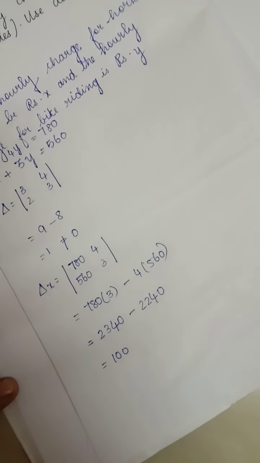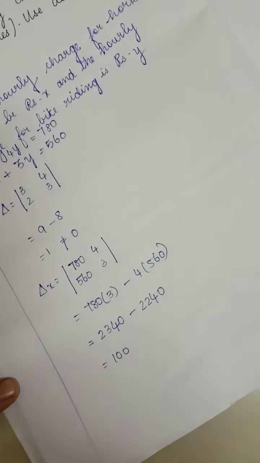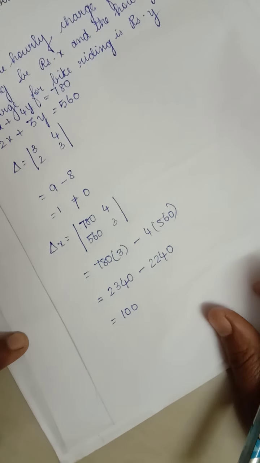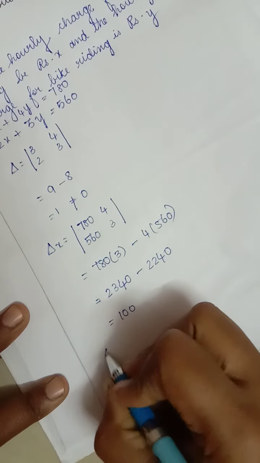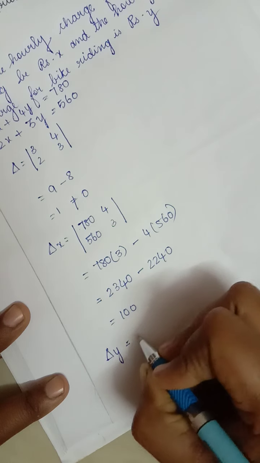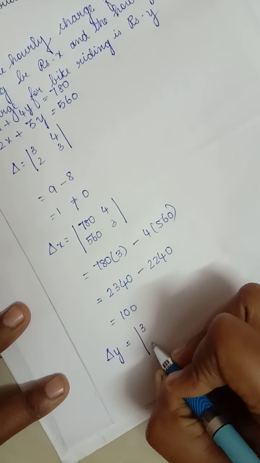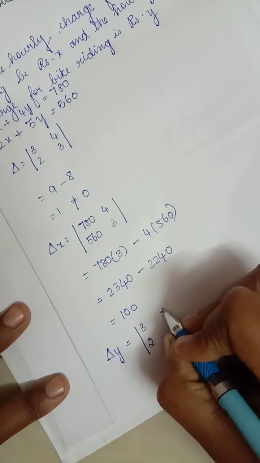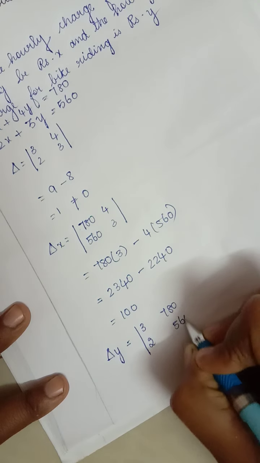So the next sum: what do we have to find out? We have to find out del y. So del y is equal to 3, 2, then 780, then 560.